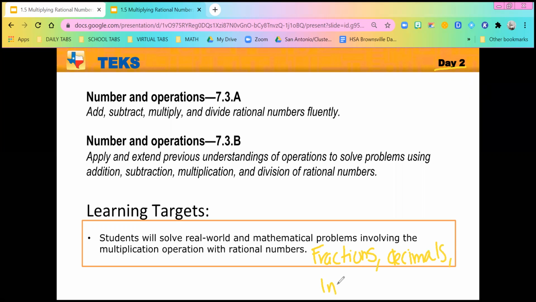We can also have integers and whole numbers, because those all fall under that category. So when I say rational numbers, I'm really talking about those 4 sets of numbers that we can see in our 7th grade curriculum this year. So let's move on to the next slide.